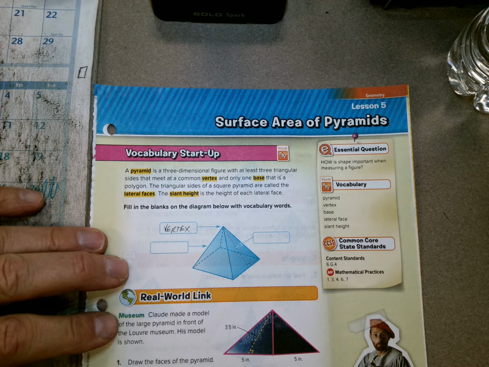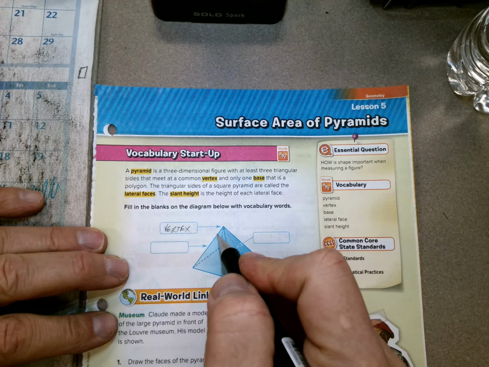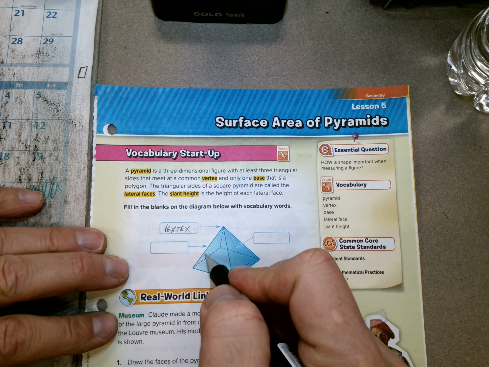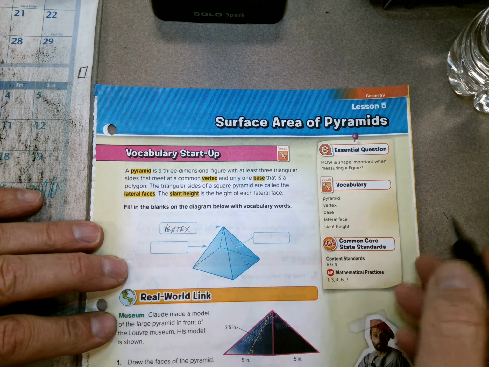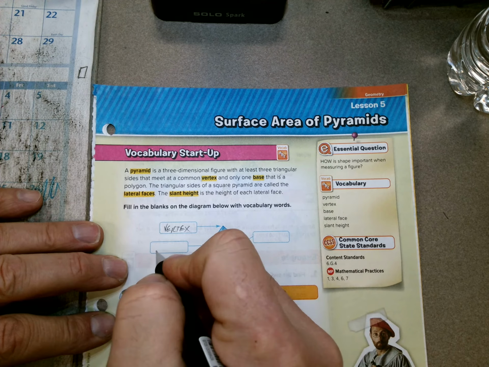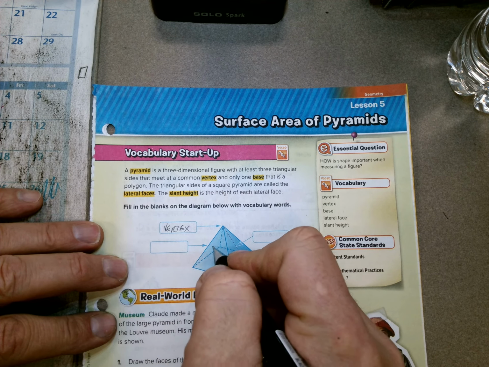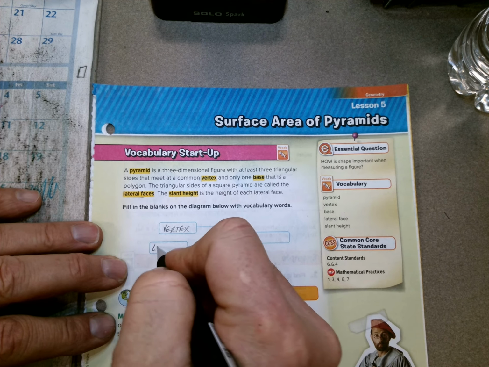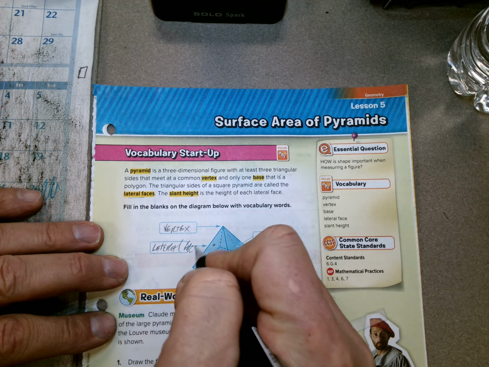Next up, this line is called an edge. Or if they're pointing to this area right in here, it's probably what they want, a lateral face.